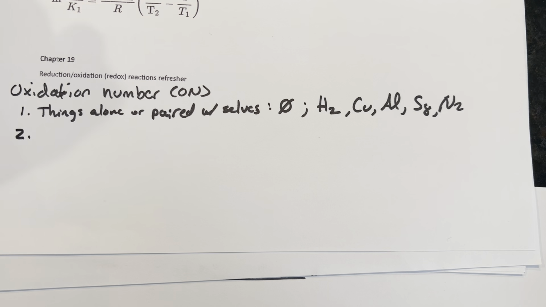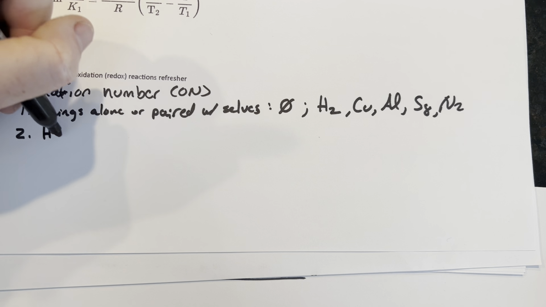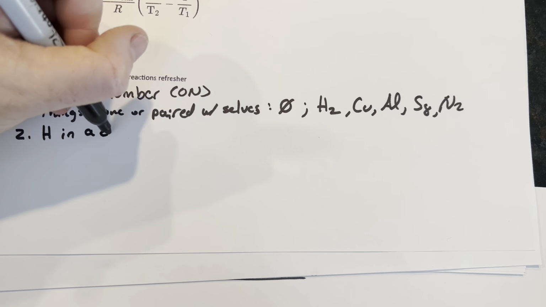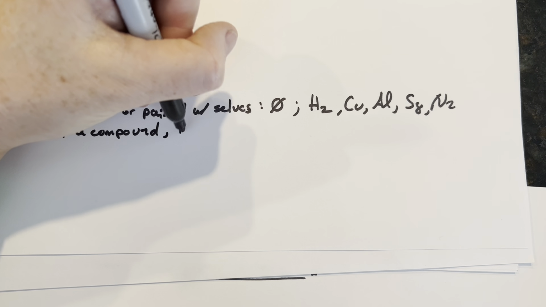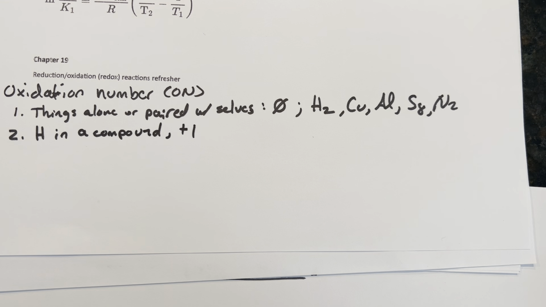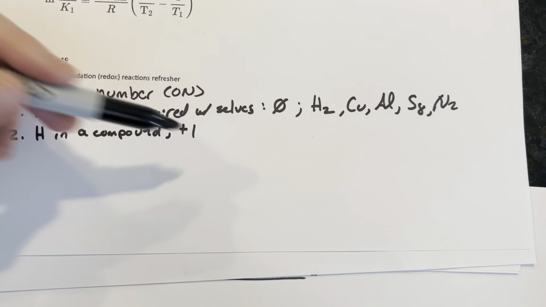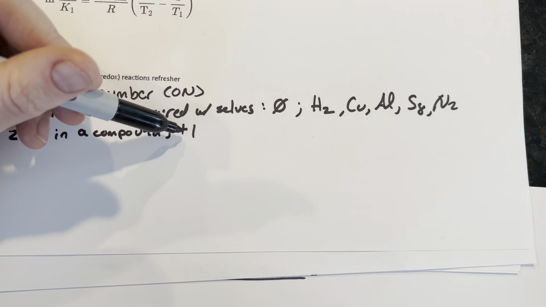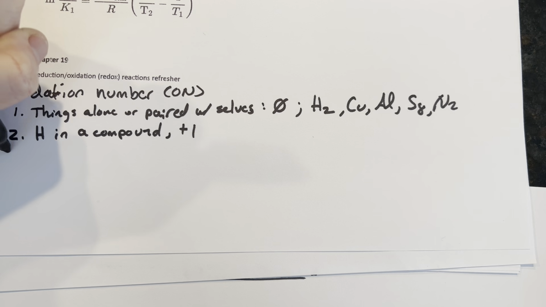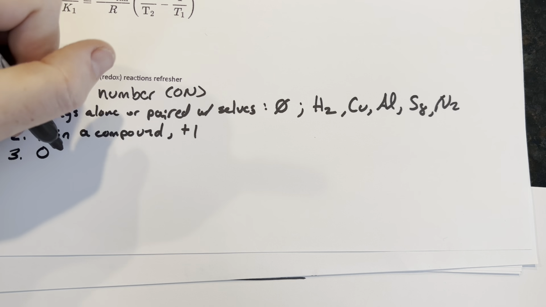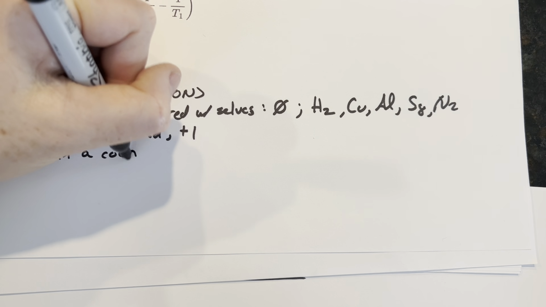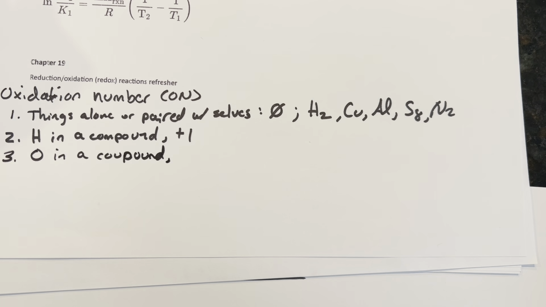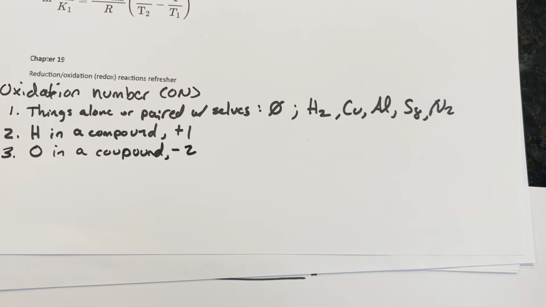Number 2, H in a compound. Whenever H is paired with something other than itself, it's going to be +1. Notice that when we've written charges in the past, we always put the charge after the number, but with oxidation numbers you put the sign before the number. Nobody really cares though. I don't. Number 3, when you have oxygen in a compound, the oxidation number is going to be -2.